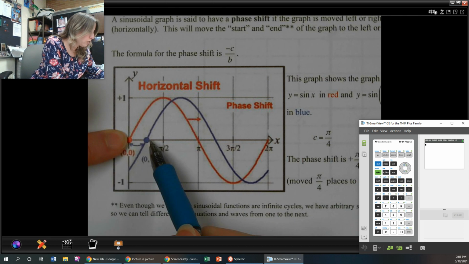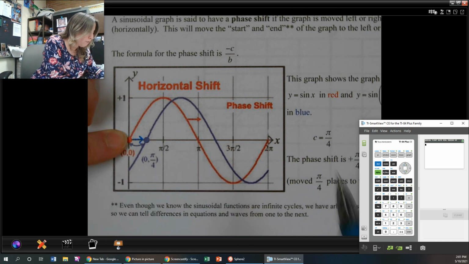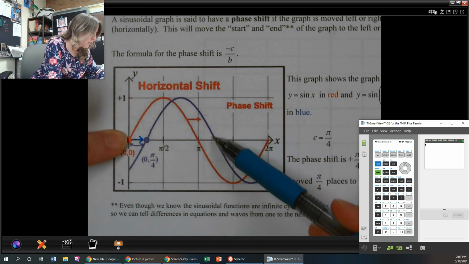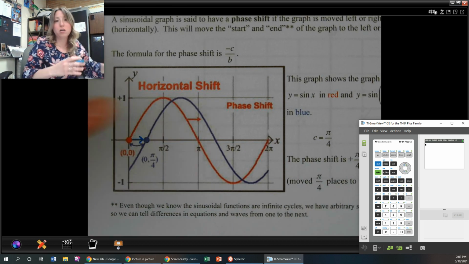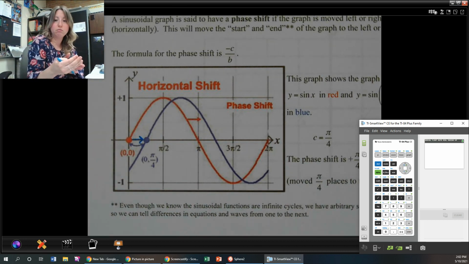If I scooch this over 45 degrees or pi over 4 radians and start it from there, notice all these pieces are the same. They're just all switched over a little bit to the right, just 45 degrees to the right. That's what a phase shift is, scooching things over to the right or to the left.